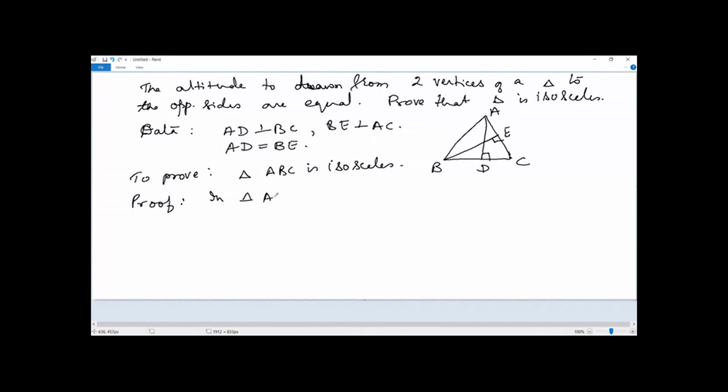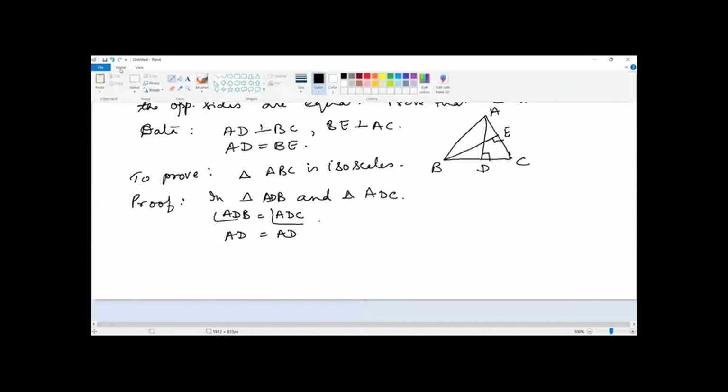In triangle ADB and ADC, angle ADB is equal to angle ADC, 90 degrees. Then AD is common. One more you need. We can't prove like this.